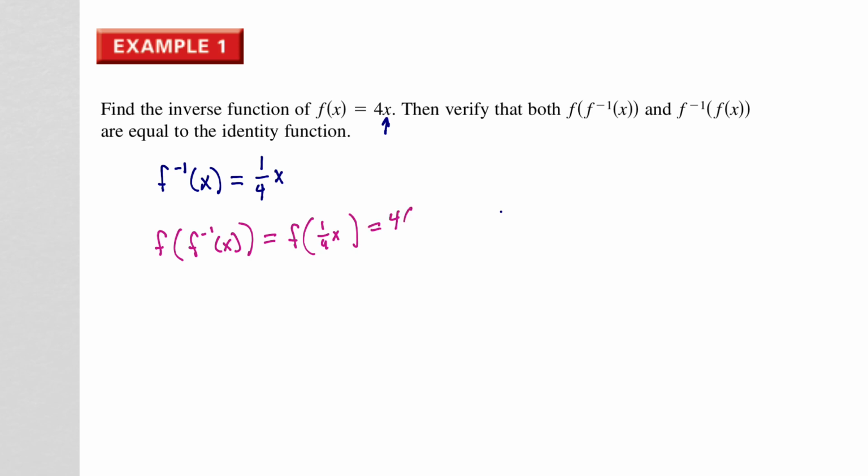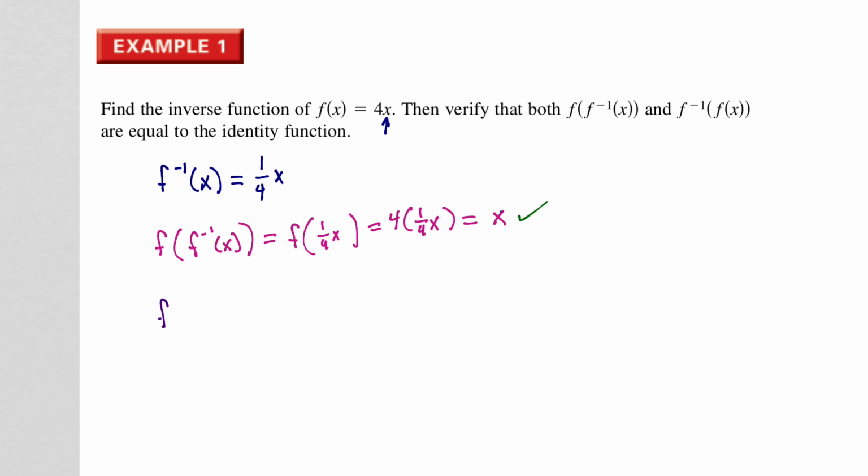So I still have the 4, but that x gets replaced with 1/4 x. Multiply that out, and we're just left with x. So in that direction, it worked. We're on the right track. All right, now let's try composing in the other direction.